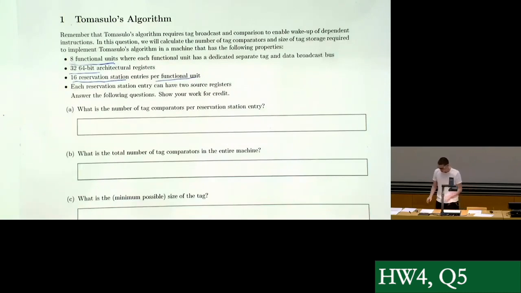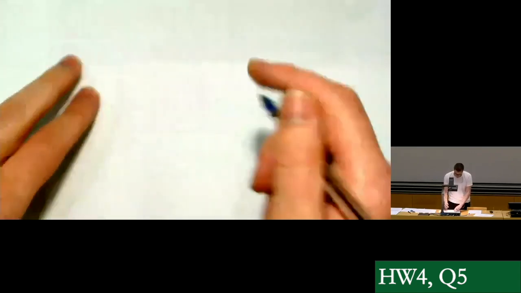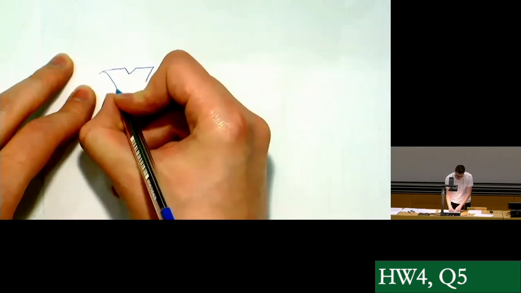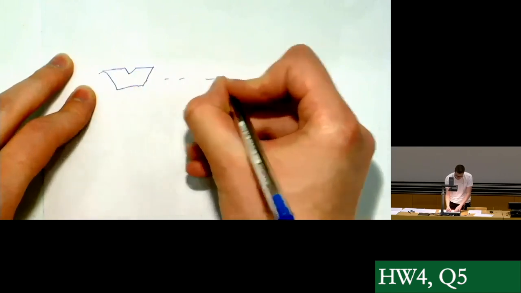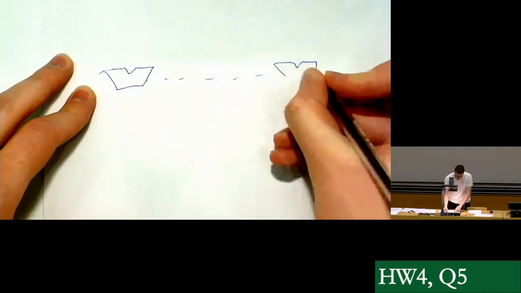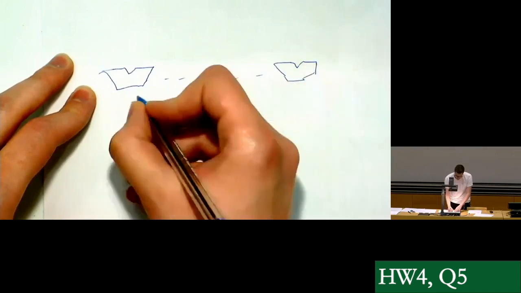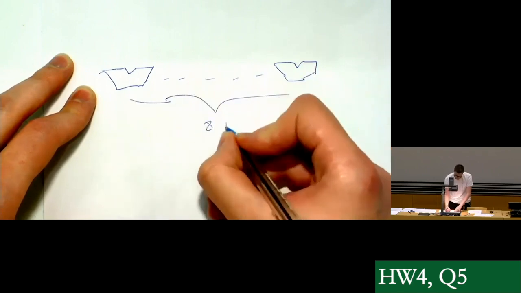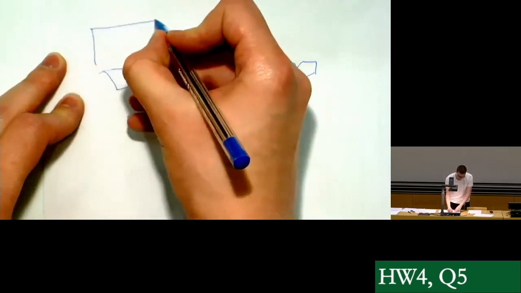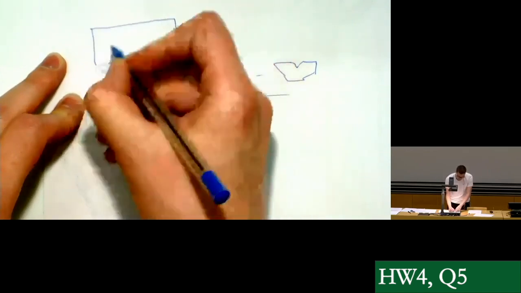So this will basically look something like this, right? You have some functional units here. I can't draw very well, but you have 8 functional units in total, and each functional unit will have its own reservation station.